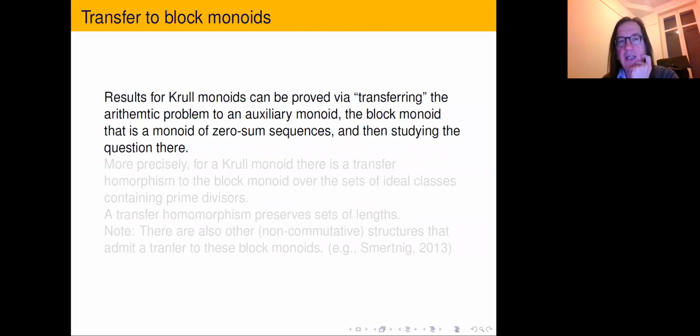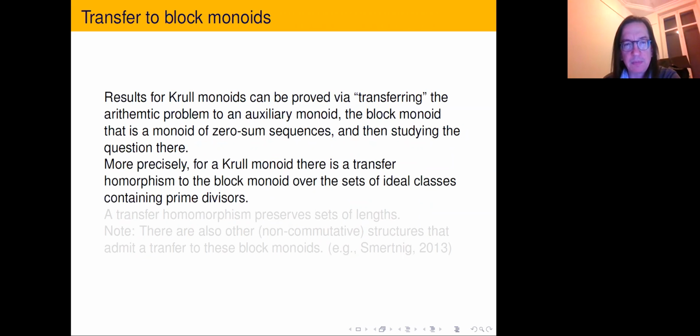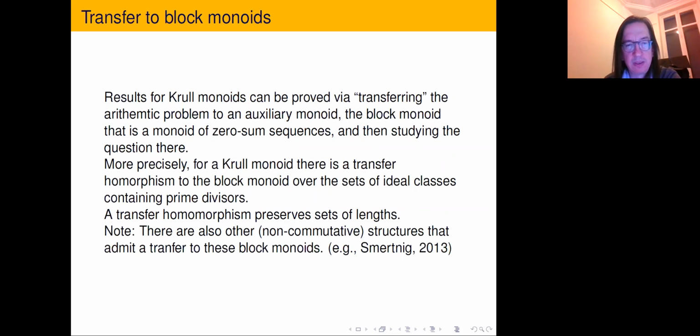In particular, results on so-called Krull monoids can be proved by transferring the arithmetic problem to an auxiliary monoid, the monoid of zero-sum sequences over the class group. As just said, these preserve sets of lengths. So if one cares about lengths of factorization in these structures, one wants to understand monoids of zero-sum sequences.